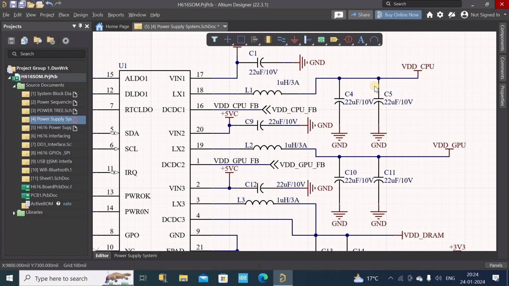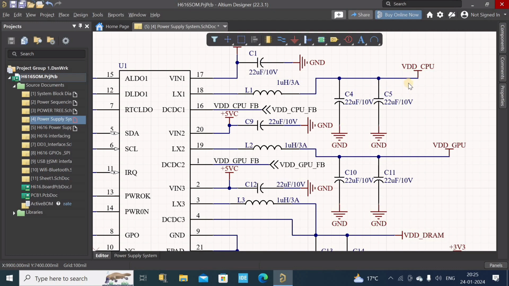Okay, and once this power provides the desired voltage levels to the SoC, then the SoC will generate one feedback signal, which is nothing but the VDD CPU feedback. Okay, we are connecting this pin to the DC1 of this power management IC straight away.